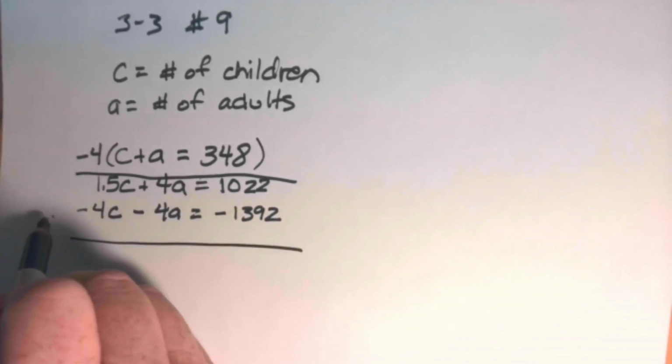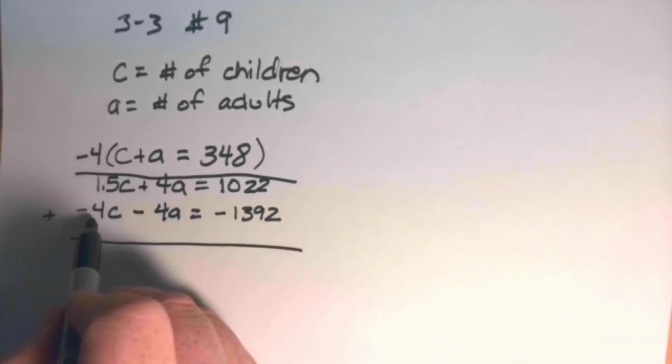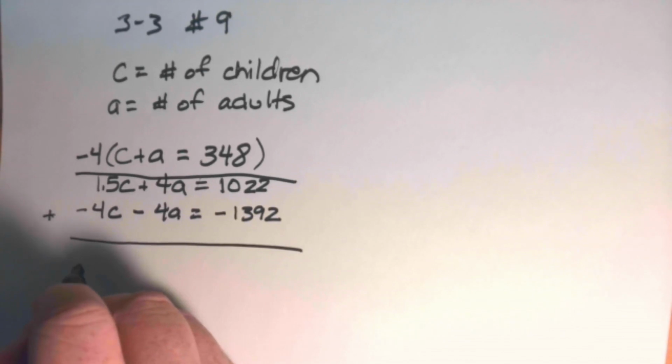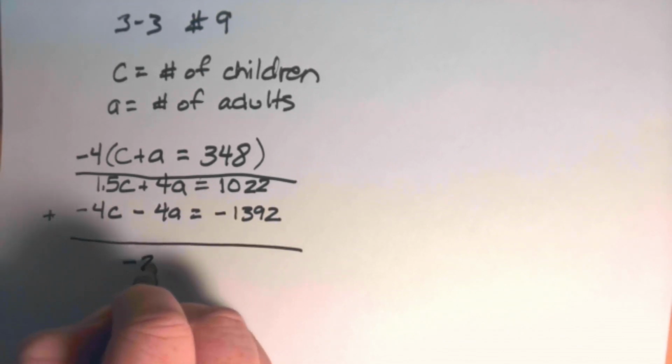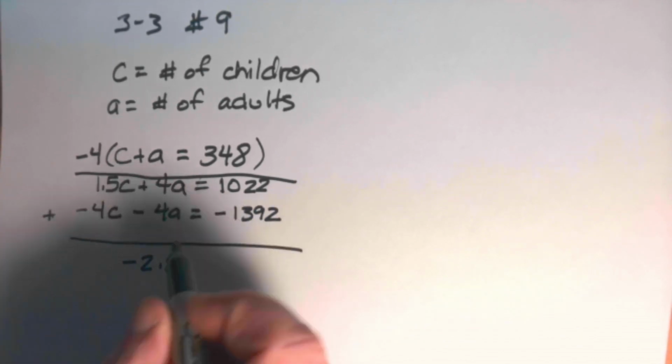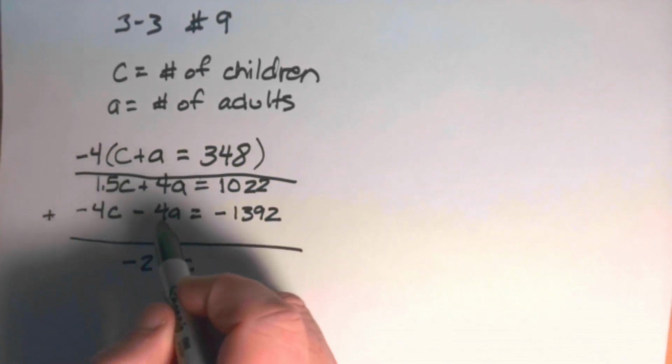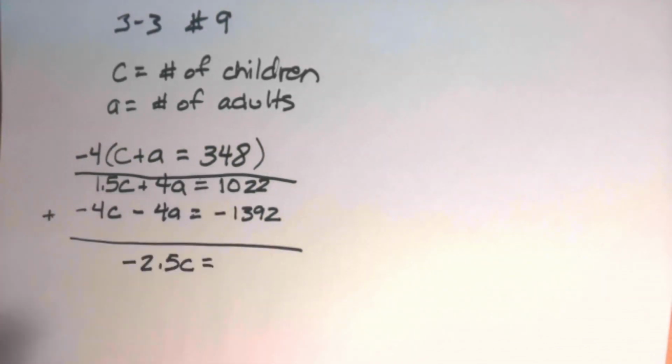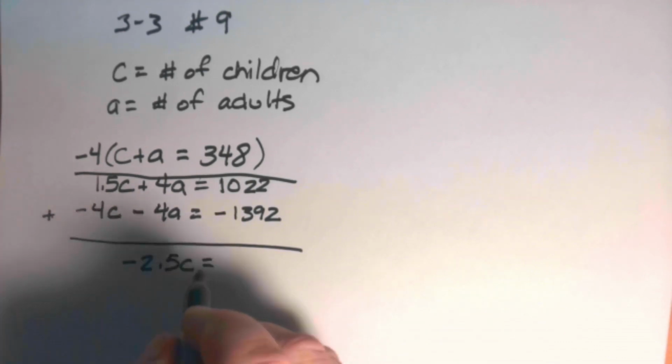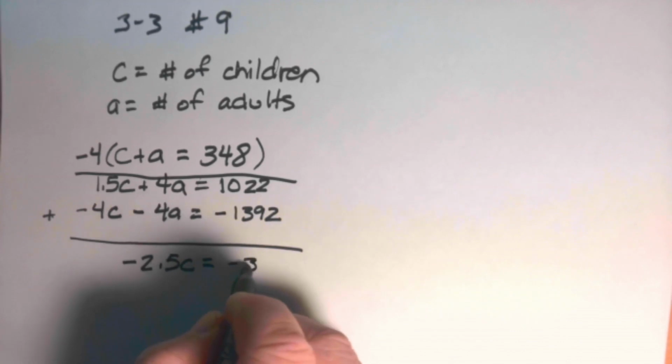I can just simply add these two equations together. So negative 4 plus 1.5 is going to give me negative 2.5c. The 4a's will cancel out. And then I've got negative 1,392 and 1,022. And that gives me negative 370.